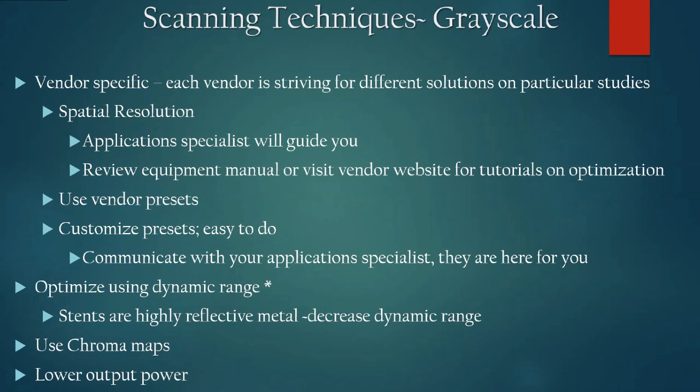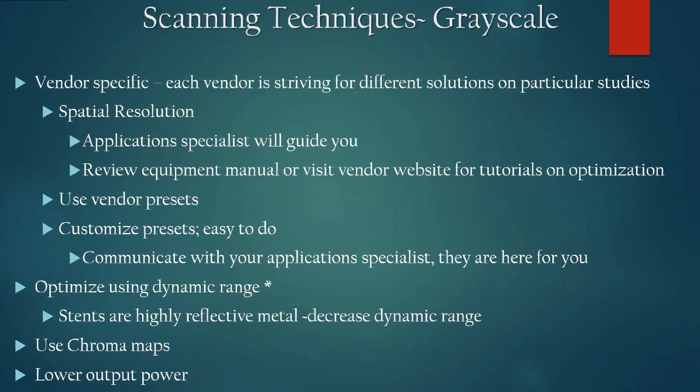We like to bring ours down to between 50 and 60, and you may think that's really low, but once you see some images that we're going to go through, it's very helpful when visualizing the stent wall attachment sites along with the residual sac wall.